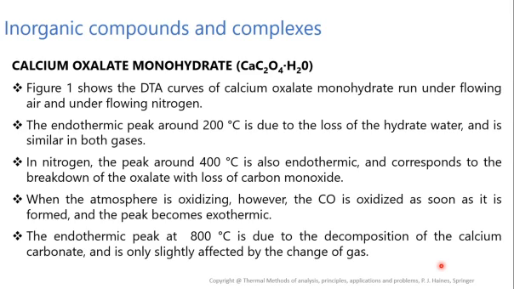So, in nitrogen, the peak around 400 degrees Celsius is also endothermic and corresponds to the breakdown of the oxalates with the loss of carbon monoxide.